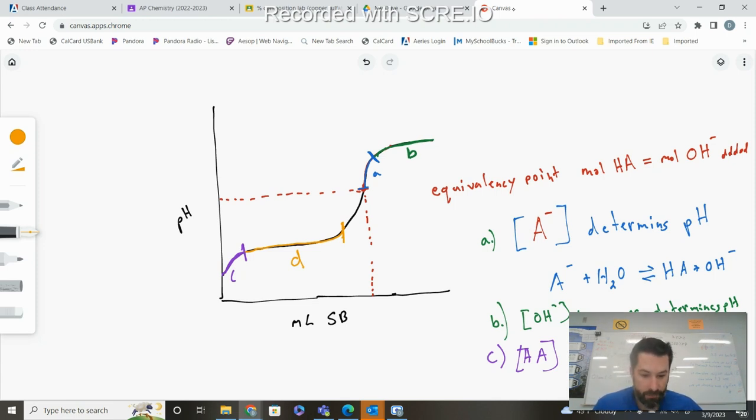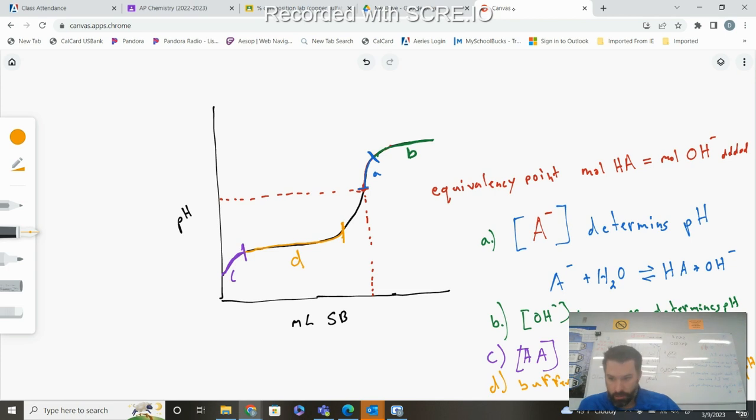And part D of your graph, this is your buffer area. And it's the concentration of your A minus and concentration of your HA for pH. Okay? That's your buffer section of your titration curve.